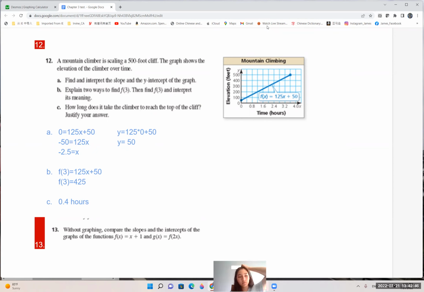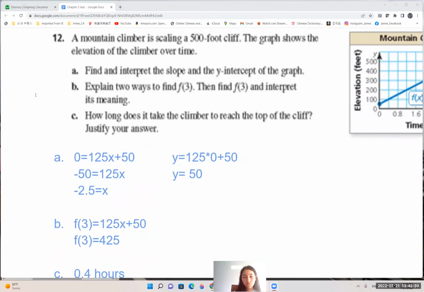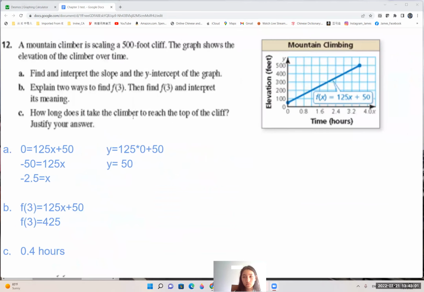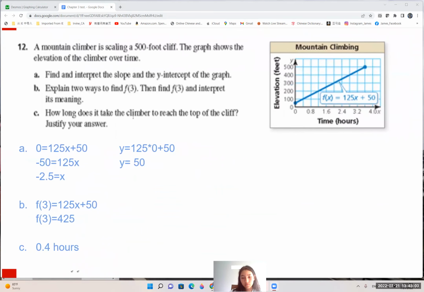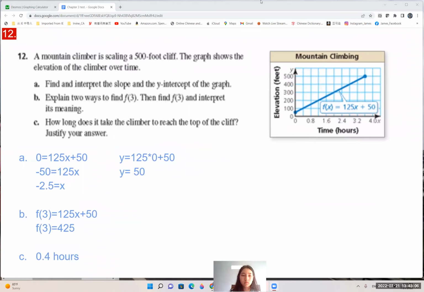Again, you need to find the instruction or requirements to answer the question, right? So you say, is this something you need to do? Find the slope, but where is your slope? And find the y-intercept. Where is your y-intercept?